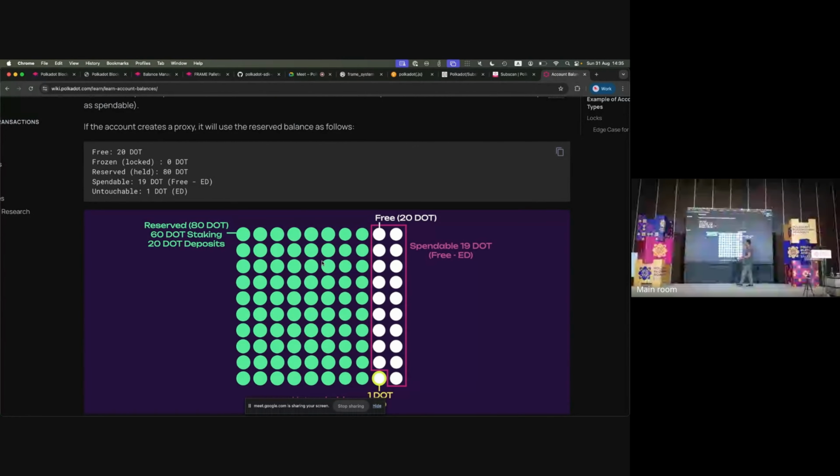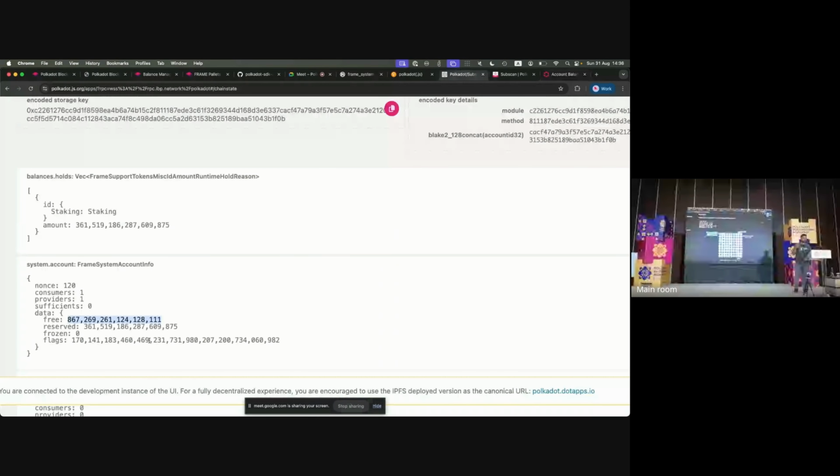So now 60 DOT staking is reserved, plus 20 DOT proxy deposit, so your 80 DOT is held now. It went from the free to the reserved bucket. Your free is 20 DOT, out of which 1 is ED.